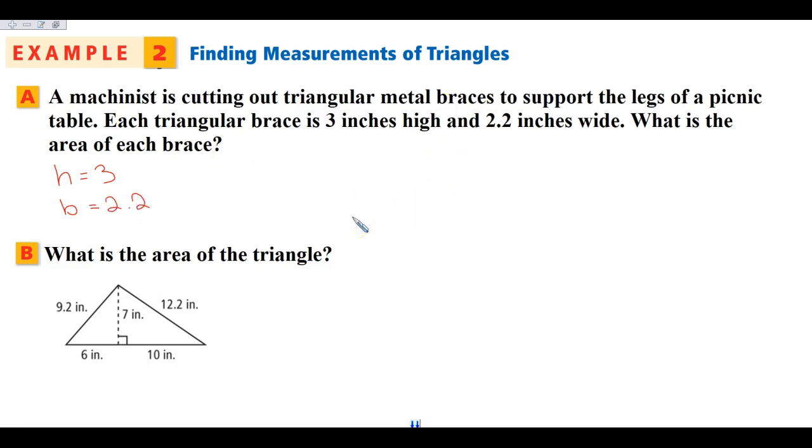Now I can write down my formula for a triangle. My area formula for a triangle is 1/2 base times height. So I am going to have 1/2, my base is 2.2, and my height is 3. Now, half of 2.2 is 1.1, and when I multiply that by 3, I get 3.3. So my area is 3.3 inches squared.